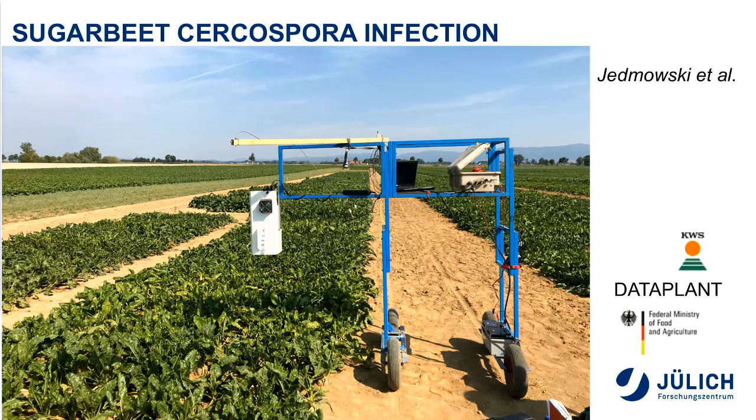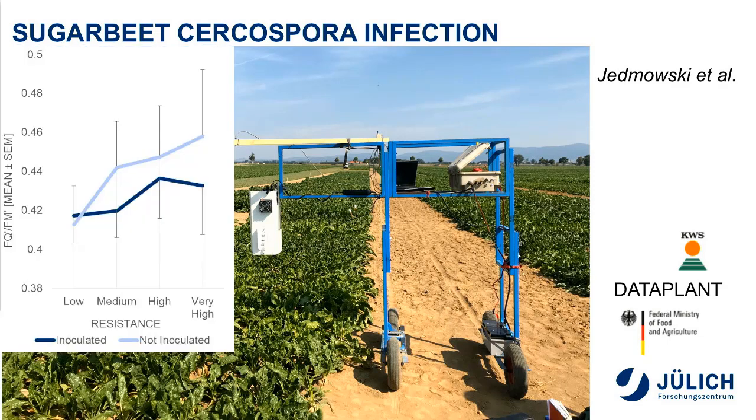There was some natural inoculation, and they also actively inoculated different sugar beet varieties with different sensitivities over time. When we look at the data, on the x-axis you see sugar beets with low resistance to Cercospora, meaning high sensitivity, and a very high resistance to Cercospora on the right side.